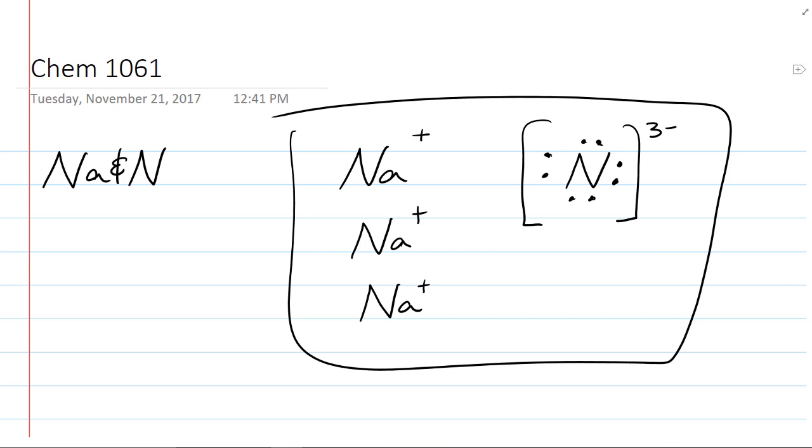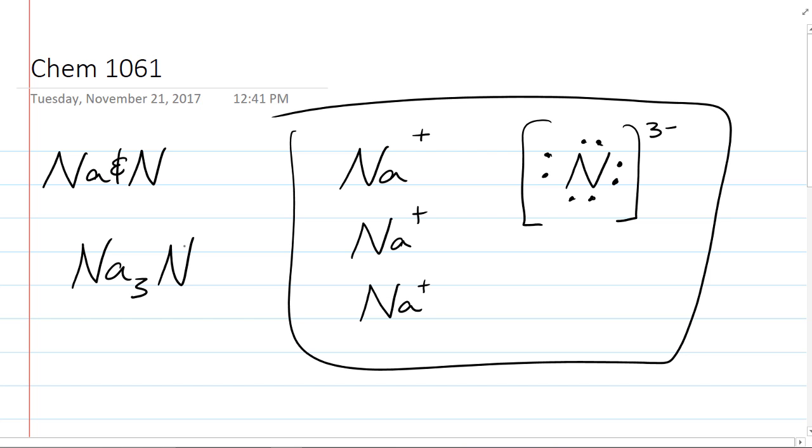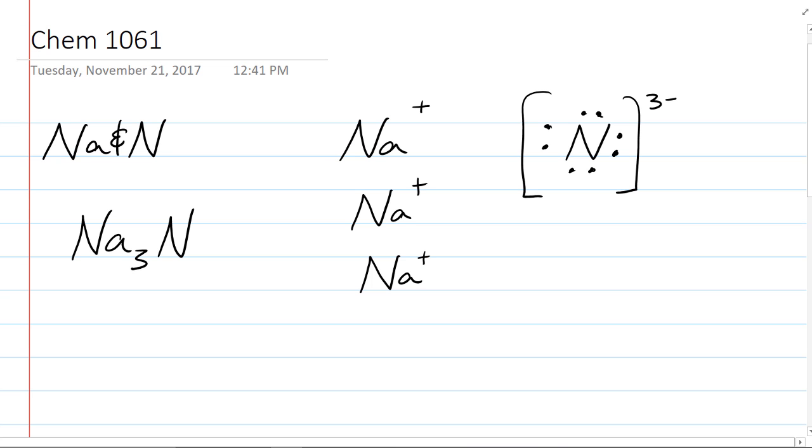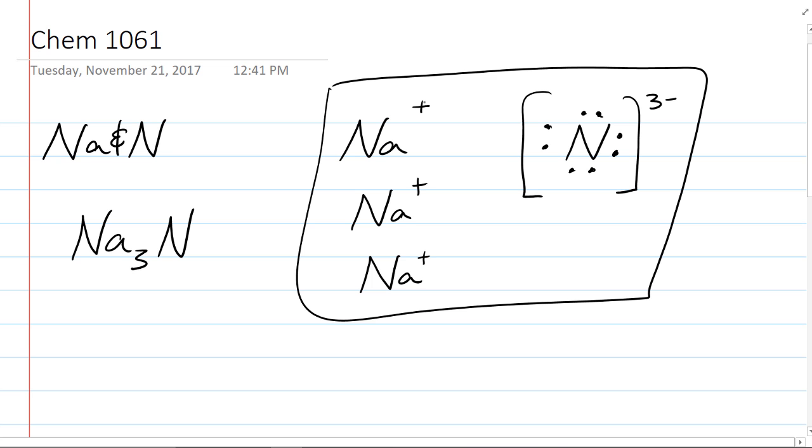So coming back to this formula, if we ask what the formula is for sodium nitride, its formula would have been Na3N. Now, one of the ways that your textbook writes these Lewis diagrams is sometimes like this, and there are 2 different ways of writing the same thing.